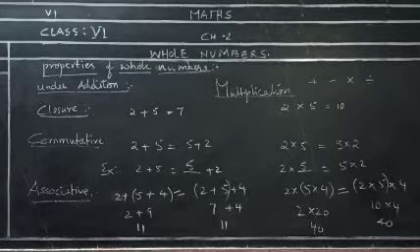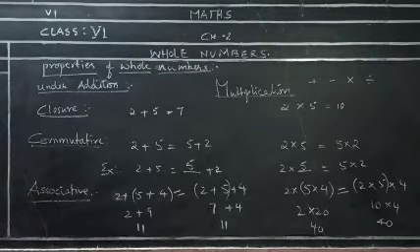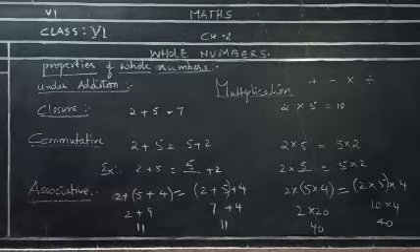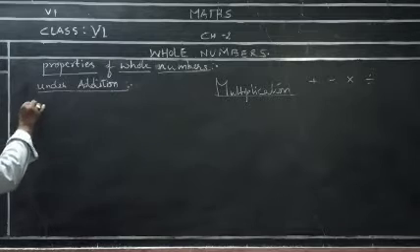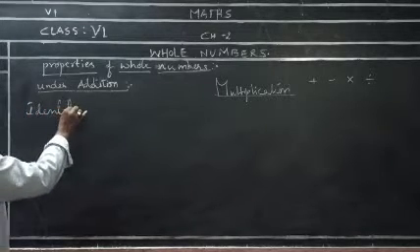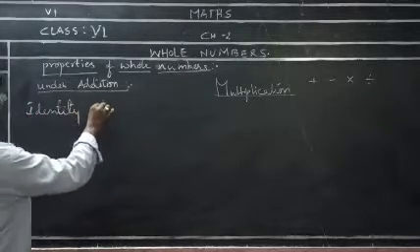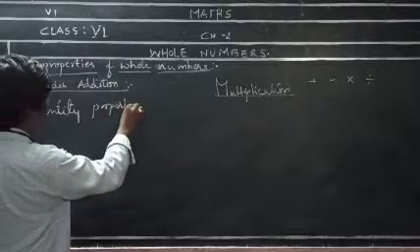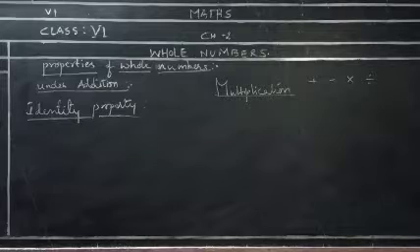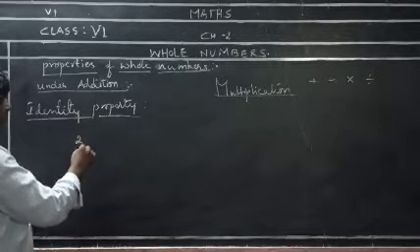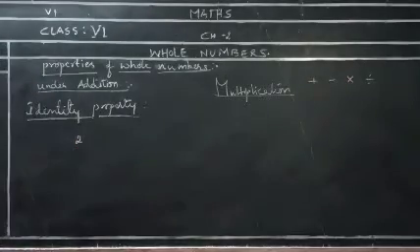Another thing is the identity property. What is meant by identity property? Now, identity property. What is identity? I will take one of the whole numbers, 2. I have taken a whole number 2.